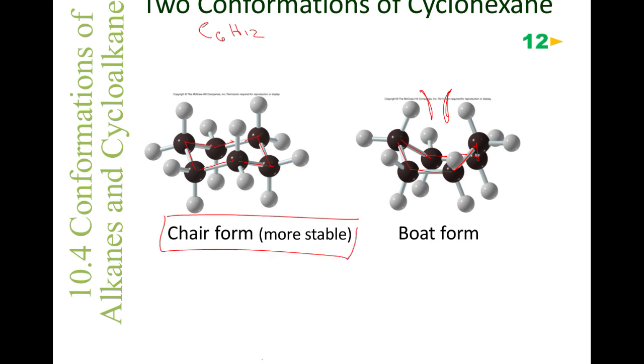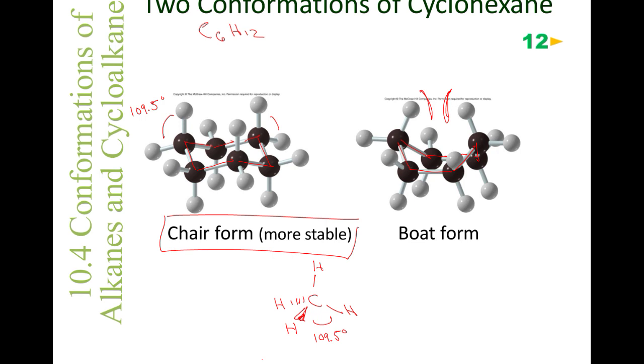Another thing I'll point out about the chair form is, if you remember the tetrahedron, if you remember that carbon likes to adopt a tetrahedral shape where all the bond angles are 109.5 degrees. I've just drawn the molecule of methane here. So what's interesting is that every bond angle in the chair, if I pick any bond angle at all, is 109.5 degrees, and thus all repulsions are minimized.